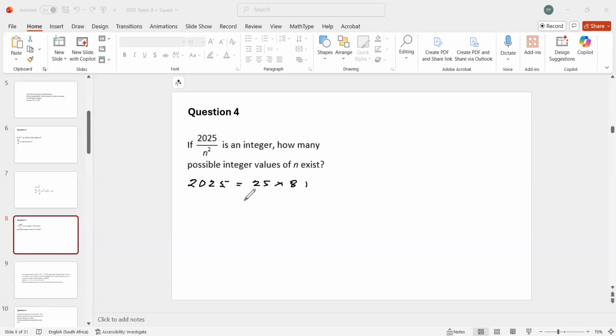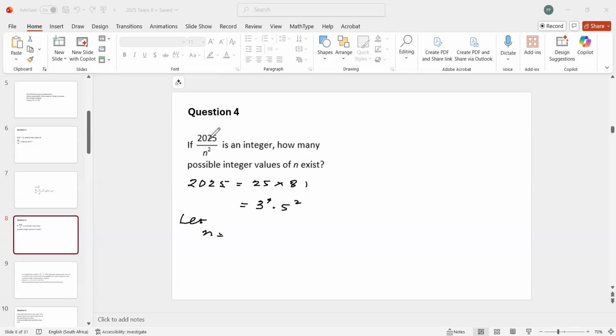So 80 plus 1, 81. 81 is 3 to the power of 4. It's 9 squared times 5 squared. So this is the factorization of 2025.